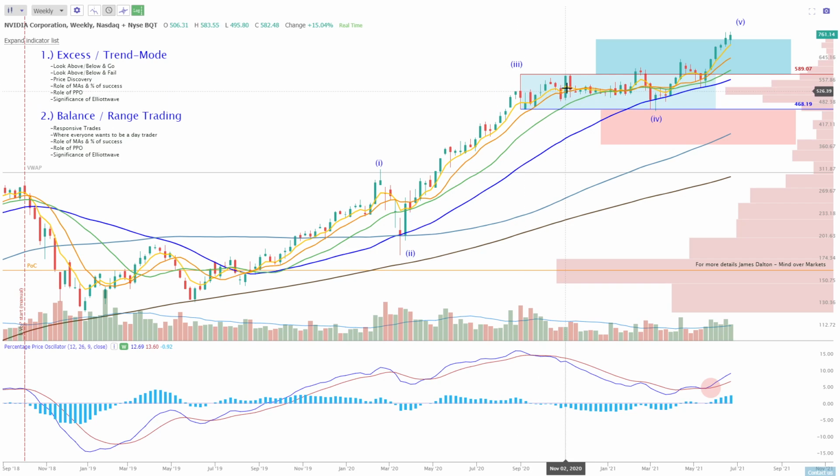Ultimately, she never left this range for 5 months. And when she did, there was too much supply, and it set up a look above and fail. Now, when you have a look above and fail, you target the other side of balance. And I want to be clear, it's not like I came up with these levels, right? The balance is just this range.